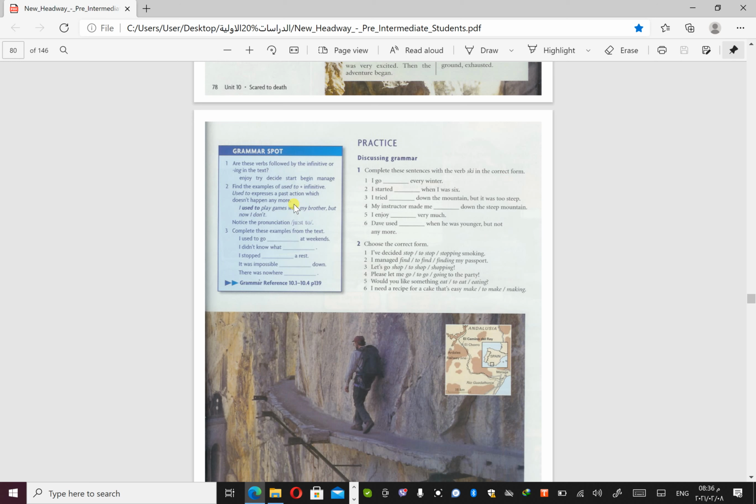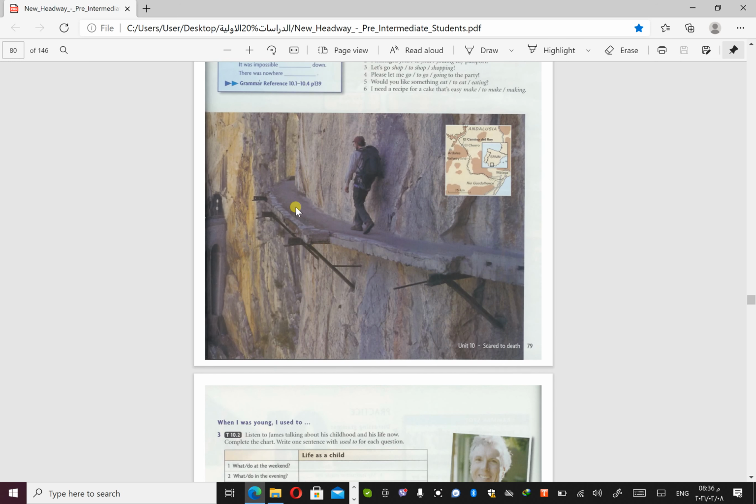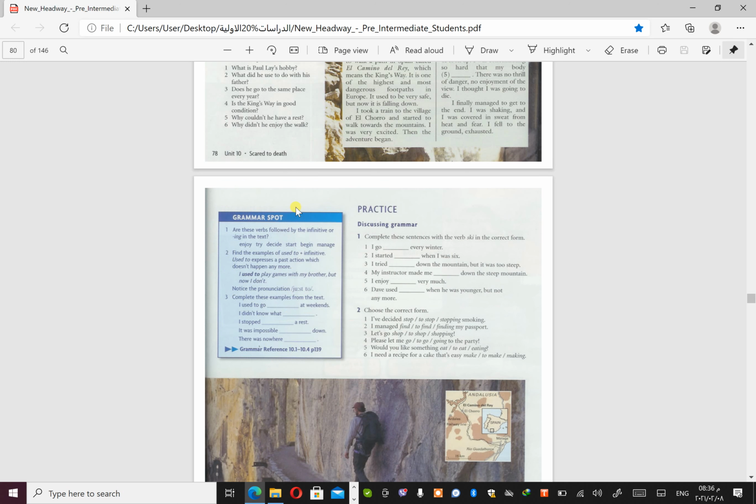And this is the same thing they talk about in the grammar spot here, which you're going to find on page 79, okay? So some verbs, for example enjoy, always take what? -ing. Enjoy swimming, enjoy shopping, enjoy studying.